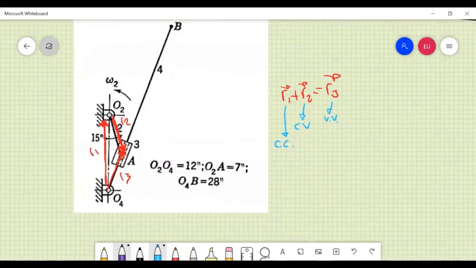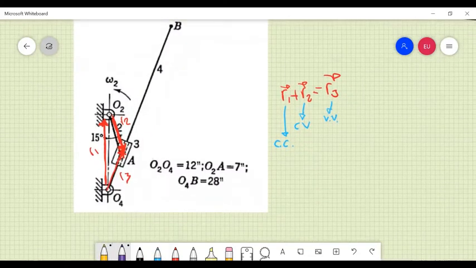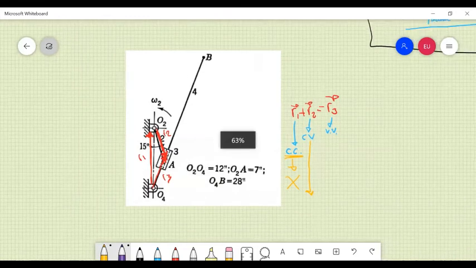So this one here is not going to participate in velocity and is not going to participate in acceleration. But this one here results in which type of vector, at least for velocity?